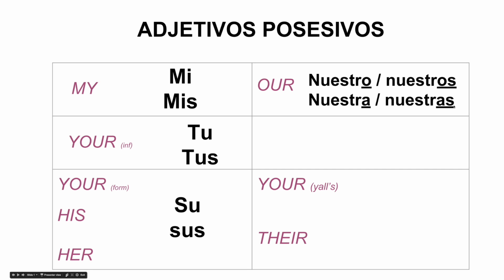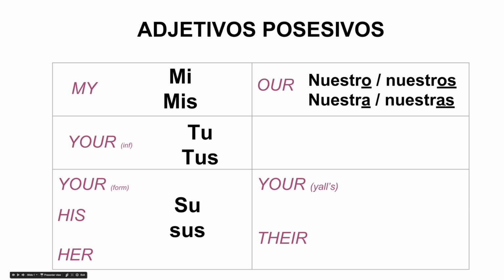It depends on what you own, just like in other adjectives that we have talked about. Remember that if we learn an adjective that ends in O, it usually will have four choices. Nuestro can become nuestros. If the thing is feminine, nuestra becomes nuestras.